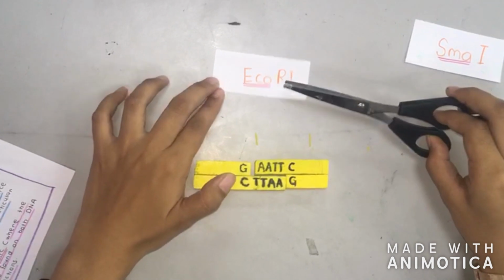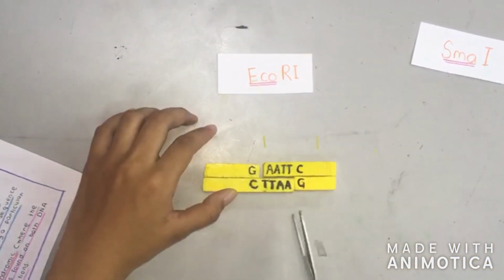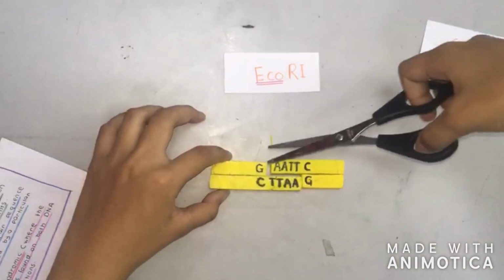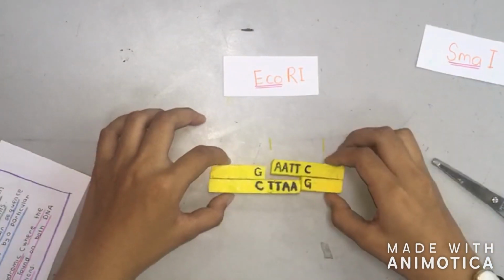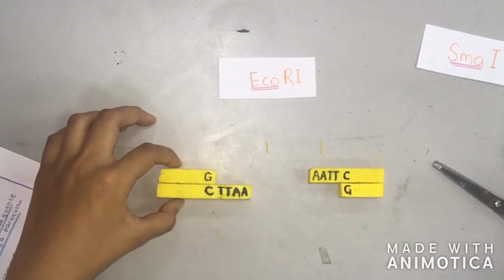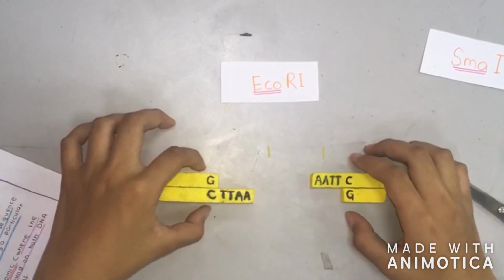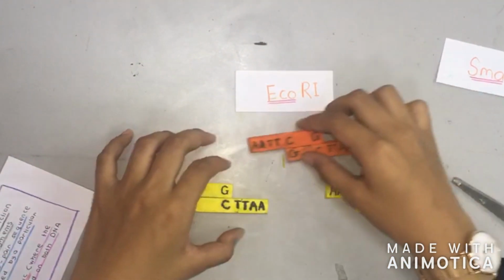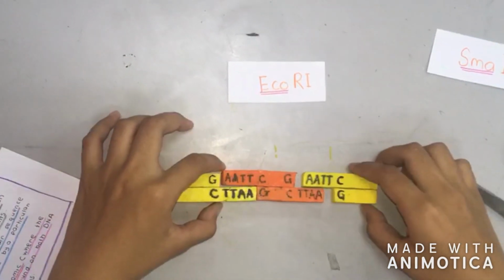So EcoR1 will cut the sequence between G and A. And then it will produce sticky ends. So this is easy for the next sequence to join.